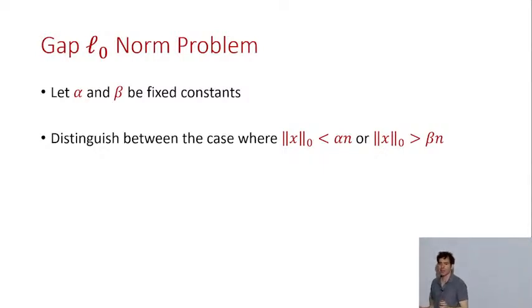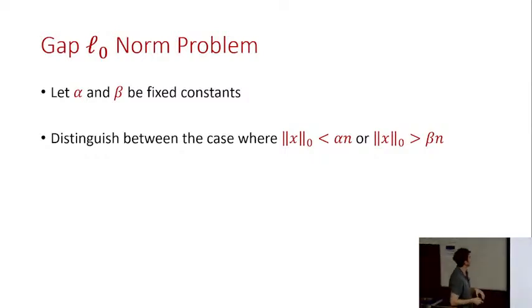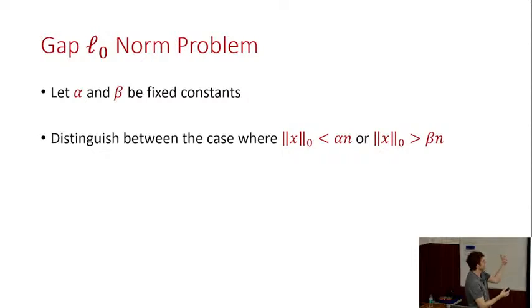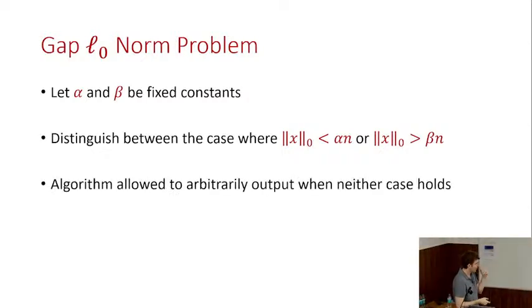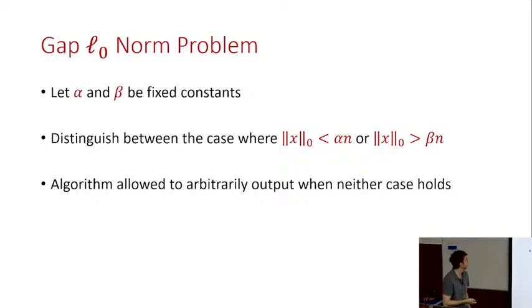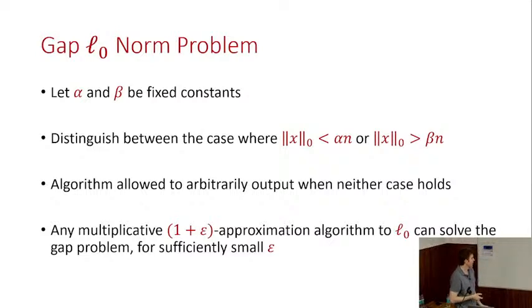It's a decision problem. Alpha and beta are constants. Alpha is less than beta. Okay, so if we have a good streaming algorithm, we should be able to solve this decision problem. When neither case holds, the algorithm is allowed to output arbitrarily. So a good streaming algorithm can solve this gap problem.